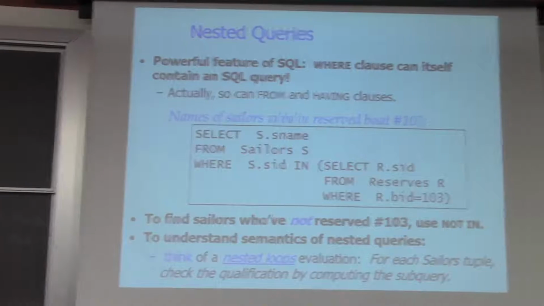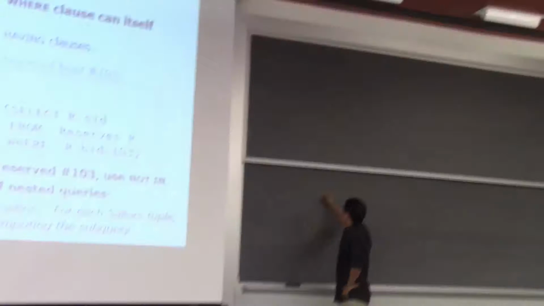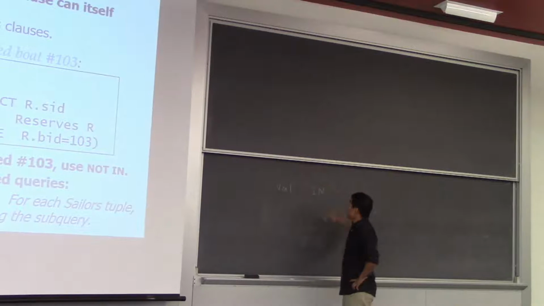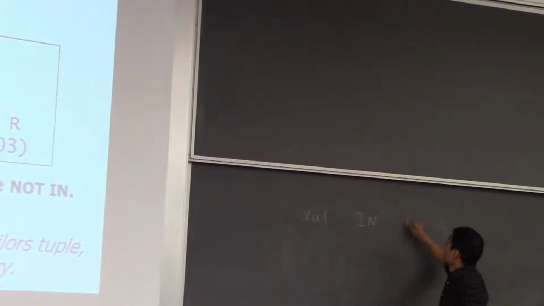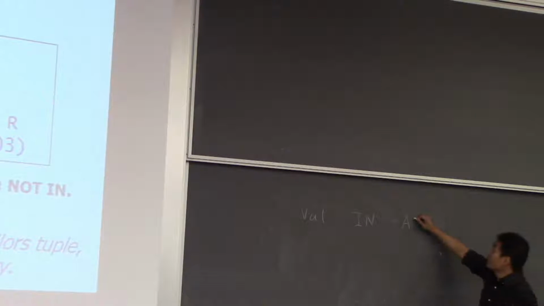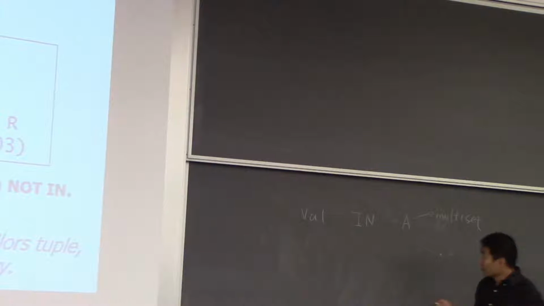Well, the general syntax is as follows: you supply a value, followed by the keyword IN and then a set A. But of course, we're dealing with SQL, so this A could be not just a set but more than a set. In other words, you may have duplicates in this A.